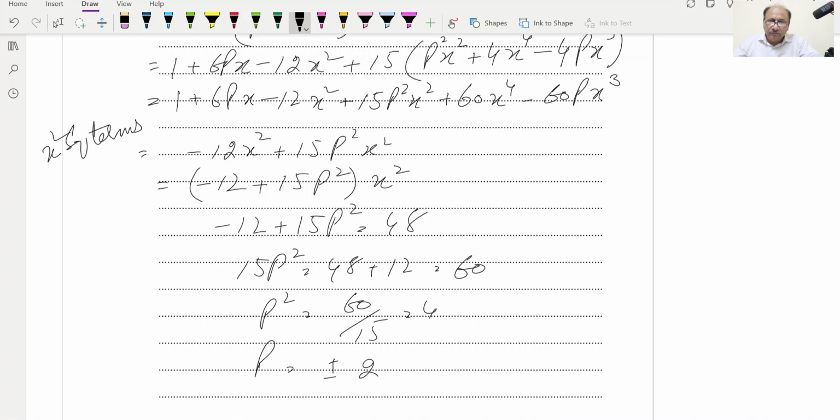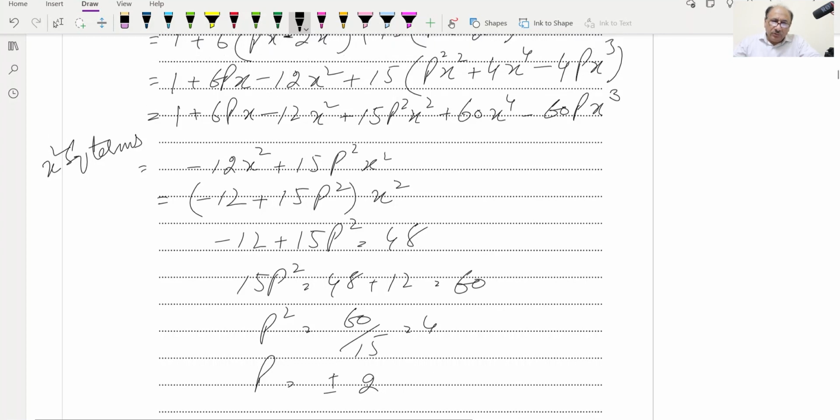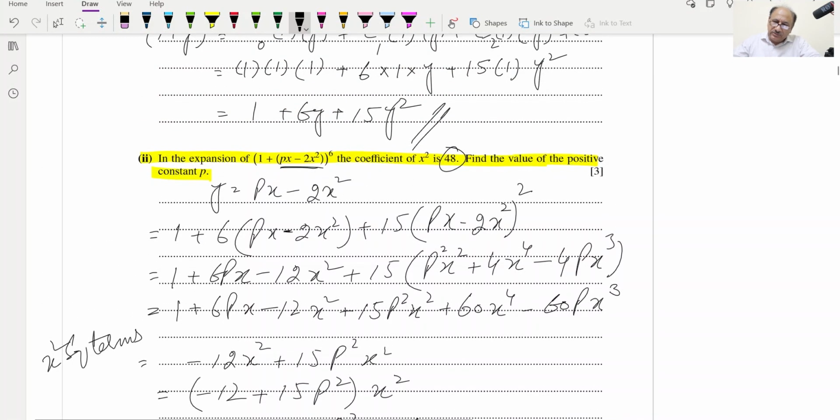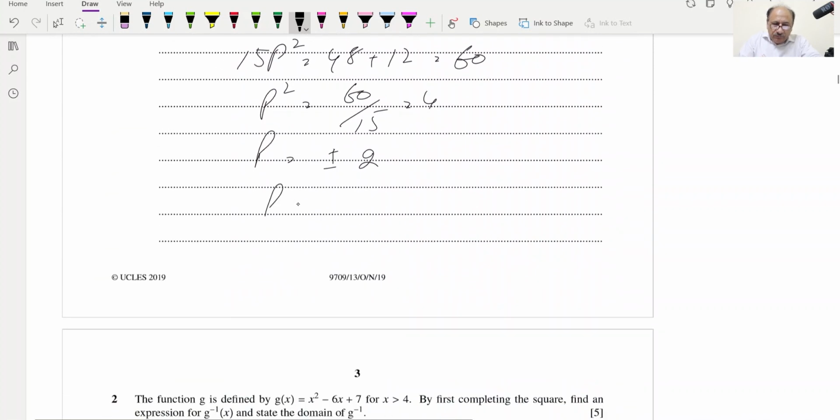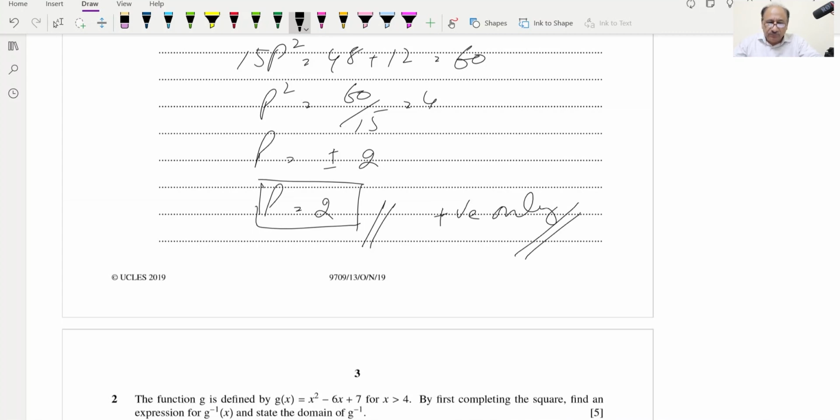We will be taking the positive value because they are saying the value of the positive constant p. So p is equal to 2, only the positive value. This is what you will have to keep in mind.